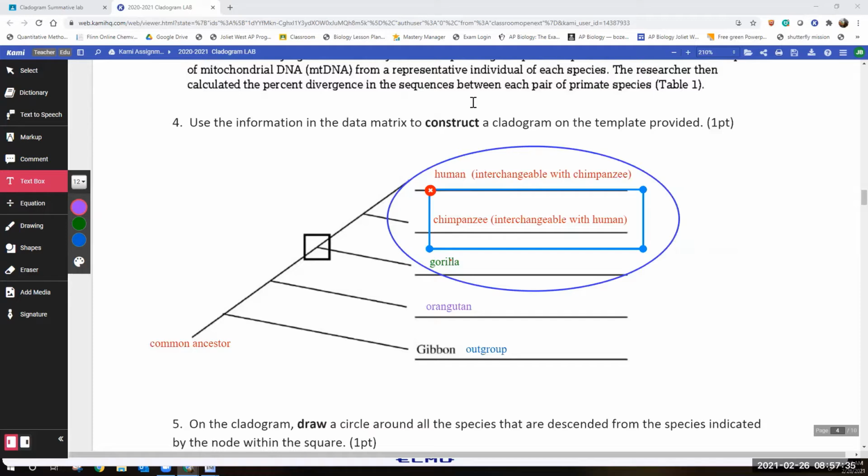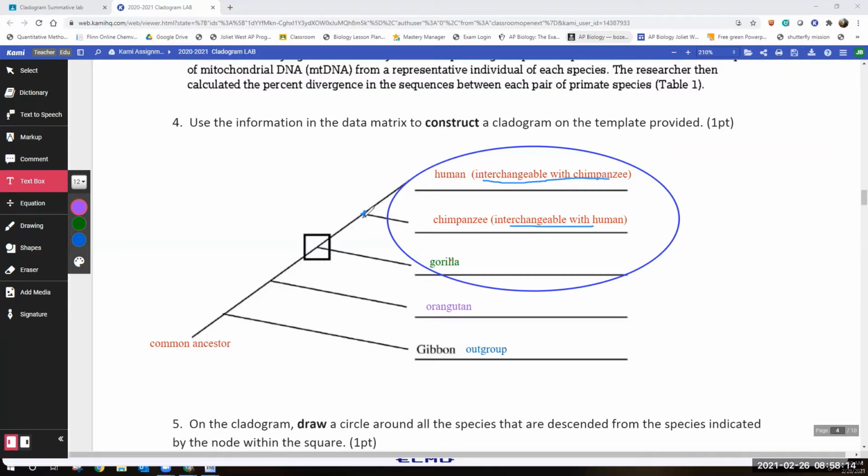What I want to let you know is that, see here where I said this is interchangeable? I put the human on top. That doesn't mean that humans are necessarily more evolved or better than a chimpanzee. Every organism is well evolved to its environment. But it's interchangeable because this node right here, where those two lines diverge, that's called a node, and it represents an extinct common ancestor to both the human and the chimpanzee.